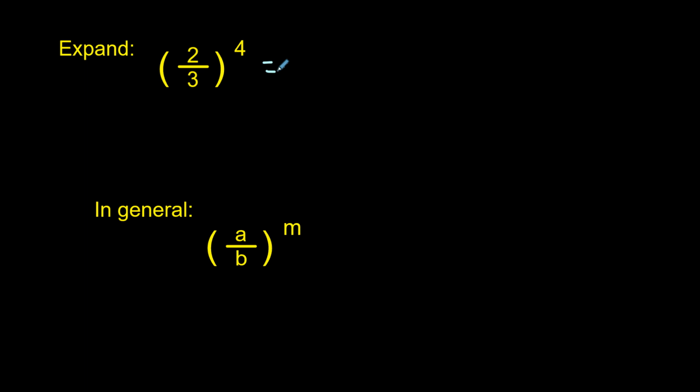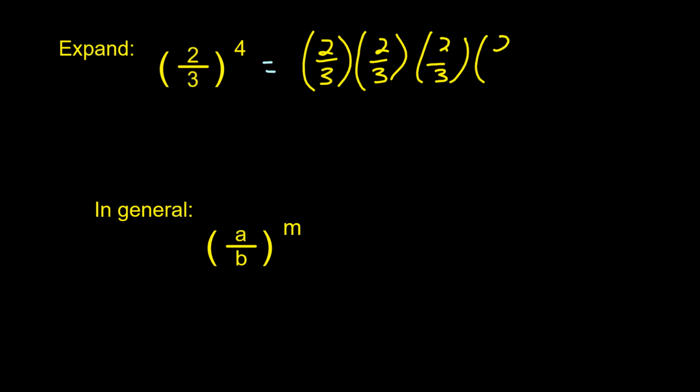So if we have 2/3 to the 4th, then, well, let's expand it out. So this is going to be 2/3 times 2/3 times 2/3 times 2/3. If you've learned anything about multiplying fractions, you just multiply across the top.